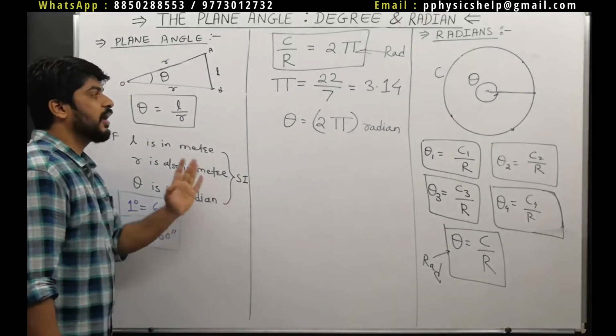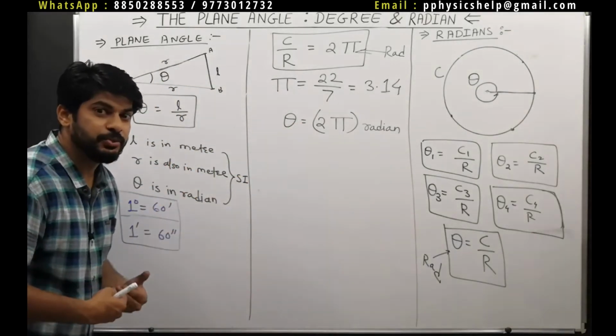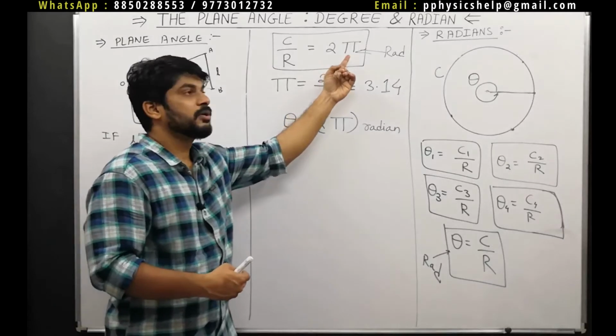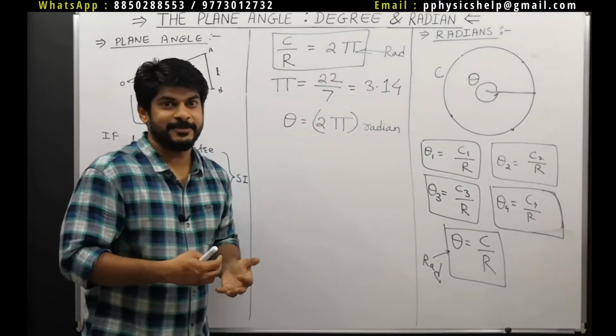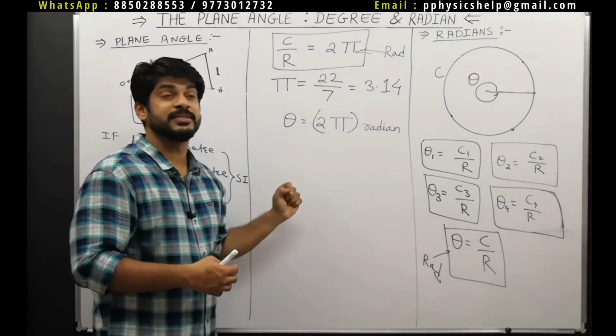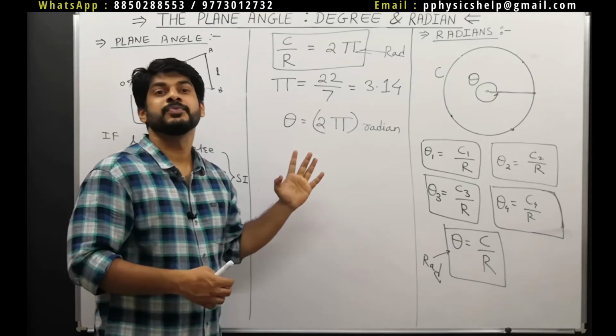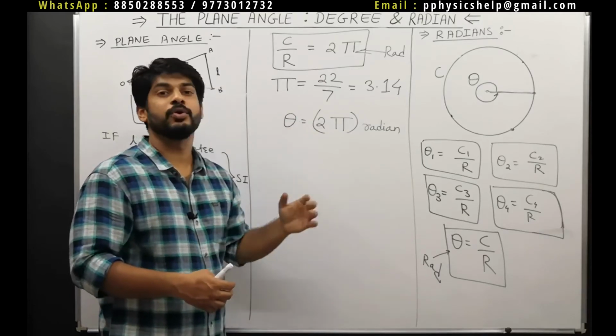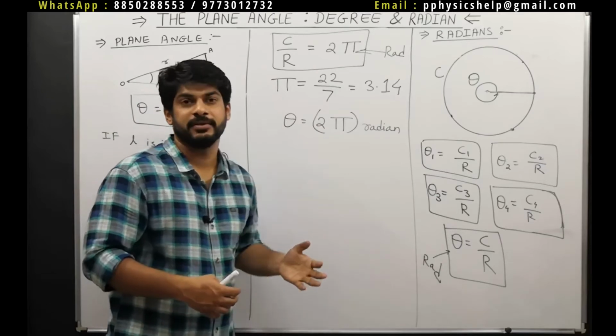Okay, so this is how this new concept or this new constant came into existence. This is pi, and it's very important. You will see this term everywhere.